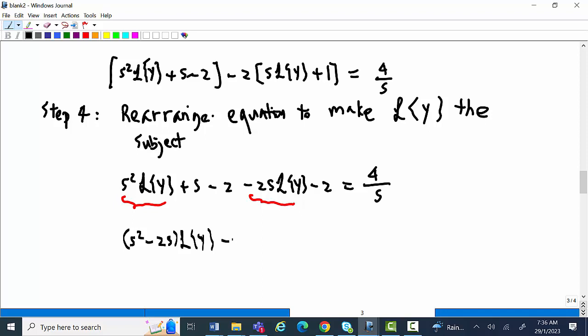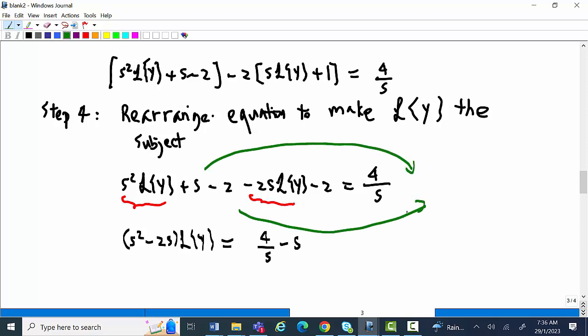When I collect them, the rest is 4 over s. Shift the rest to the right hand side: you get minus s here, and minus 2 becomes plus 2 on the right hand side. So it becomes plus 4 now.